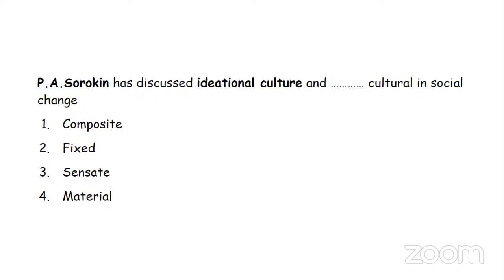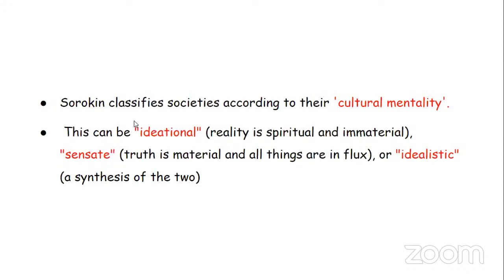Any answers? Okay, let's check the answer. The right answer is sensate culture. Sorokin classified societies according to their cultural mentality, and this cultural mentality can be ideational or sensate.